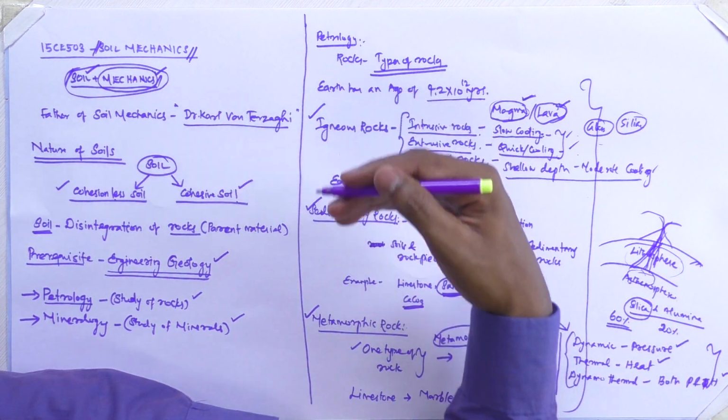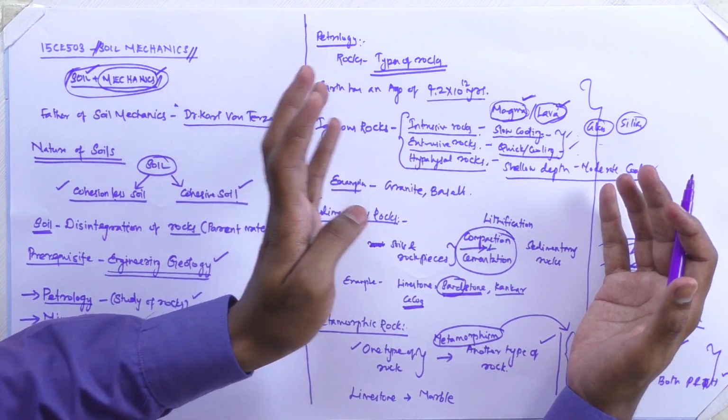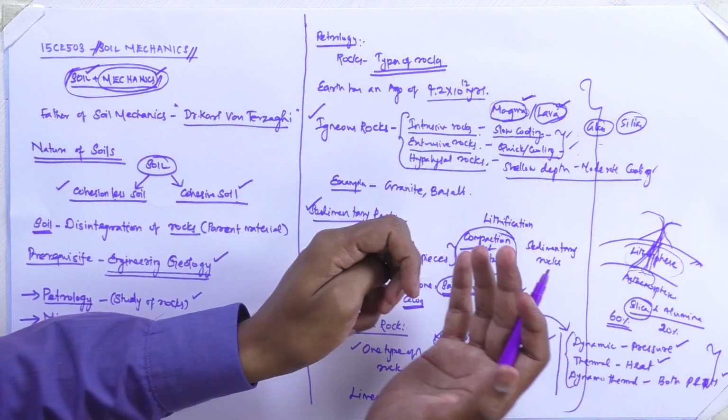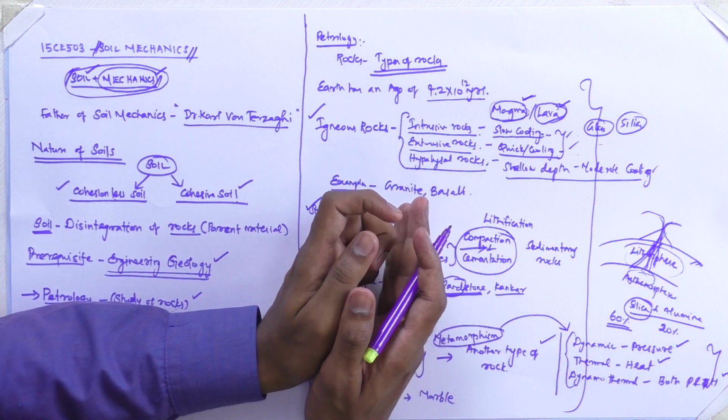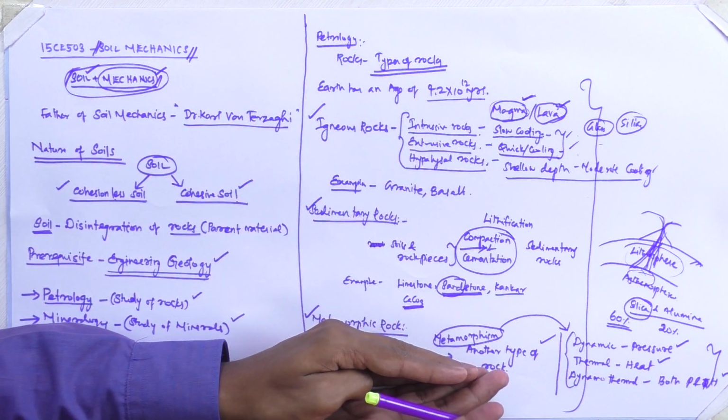So these processes will produce rocks which consist of different constituents. That is what I am coming to say at the end of this petrology: we have different types of rocks which consist of different constituents of minerals.